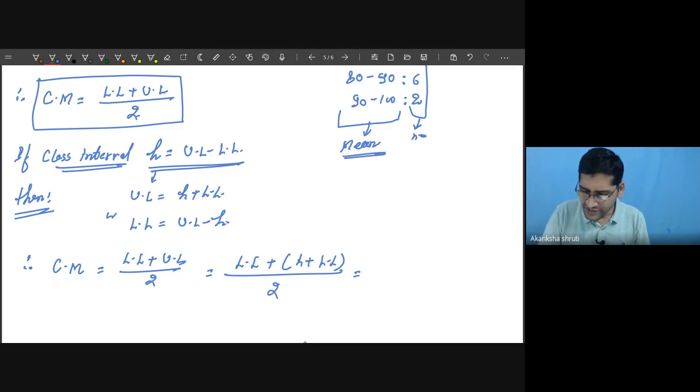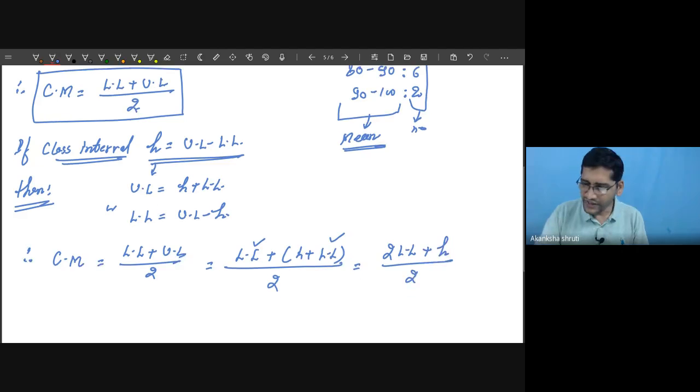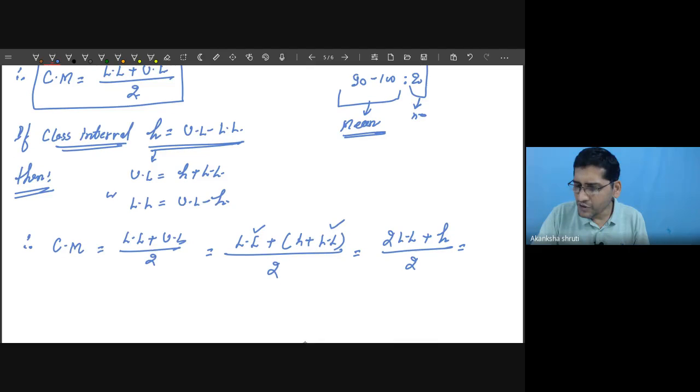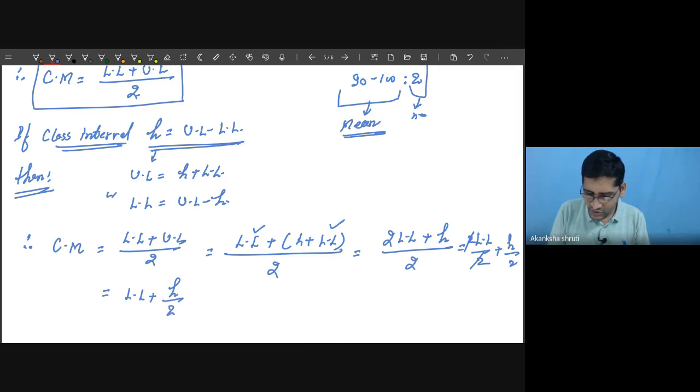It becomes twice of lower limit plus h, whole divided by 2. Going on dividing, it becomes twice of lower limit by 2 plus h by 2. These two will get cancelled, so this becomes lower limit plus h by 2.